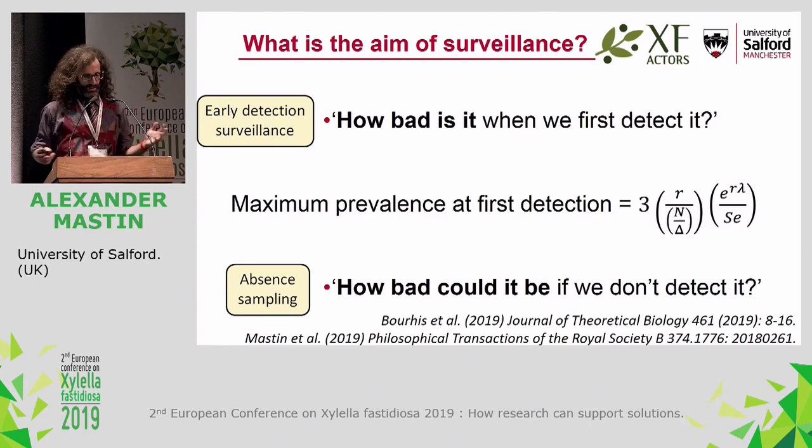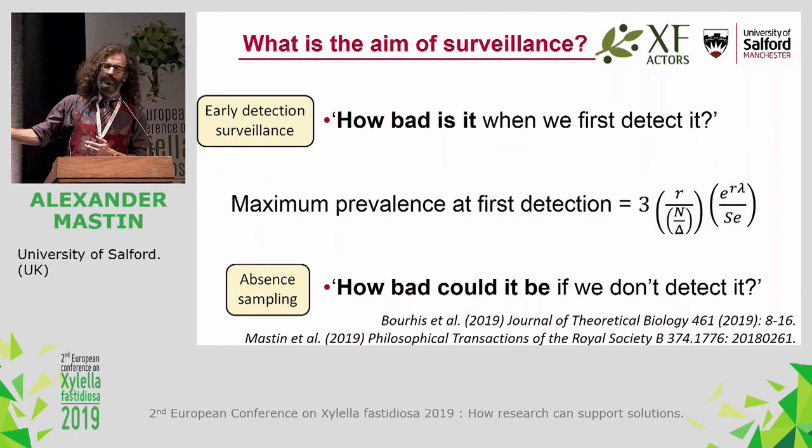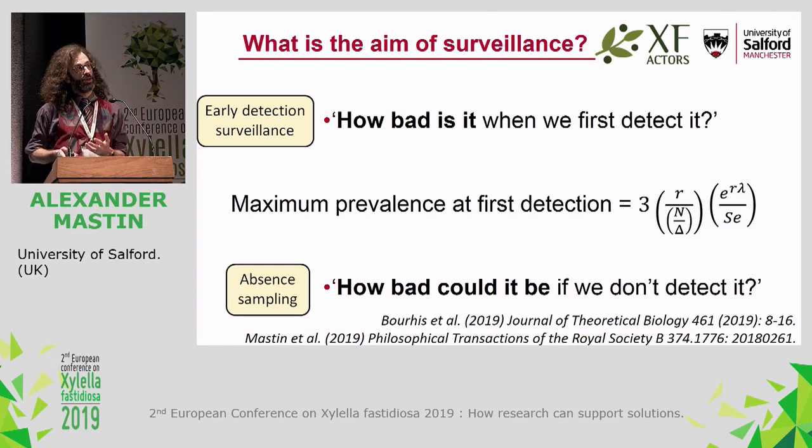In our previous work over the last few years, we've developed methods where we can actually quantify and answer these questions in a useful way using formulae such as this one. This formula represents the answer to this question: how bad is it when we first detect it? Given that we know a little bit about the epidemiological characteristics of our pathogen, a little bit about our surveillance plan, a little bit about our diagnostic plan, we can actually quantify what our maximum prevalence at first detection would be. And we can also do this using a different equation for this question of how bad it is, given that we don't detect it.